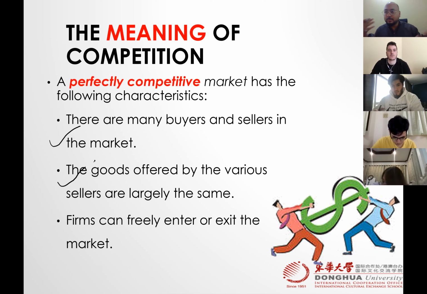There is no brand consciousness or brand loyalty in a competitive market, right? Market of raw materials, for example, factories go and buy raw iron ore, raw aluminum, okay? These are competitive markets in which there are many buyers, many sellers, and the product is the same.